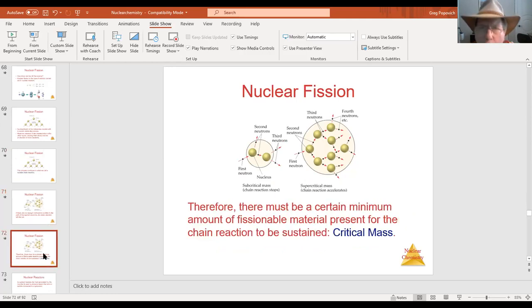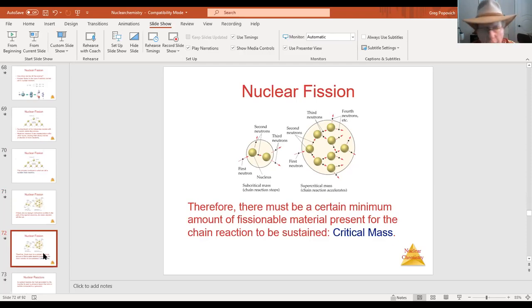But if I do have enough, the amount present that needs to be present for a chain reaction to be sustained is called critical mass. So you have to have a certain amount of the material present in order to get the chain reaction to sustain.